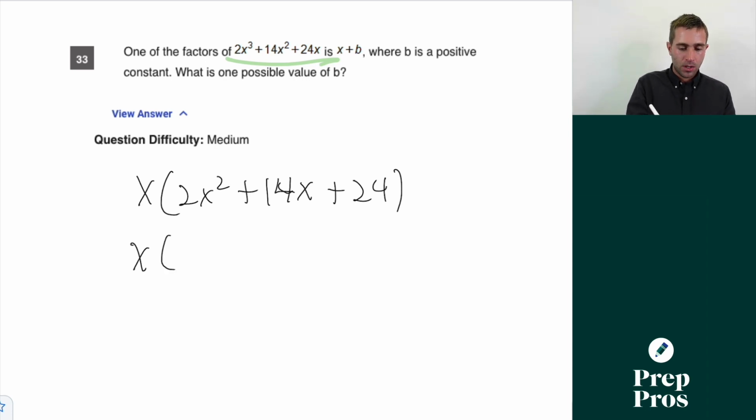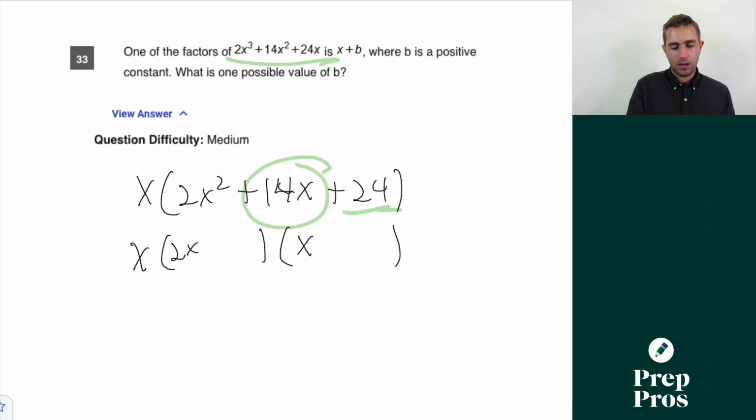So we're going to have 2x for one of our terms, and x for another. We are multiplying to 24, we are adding to 14 here. So this is going to give us 2x plus 6, and this is going to give us x plus 4. Now, this can be simplified down to 2 times x plus 3, and this is simply x plus 4.